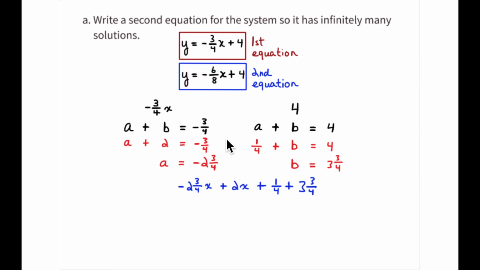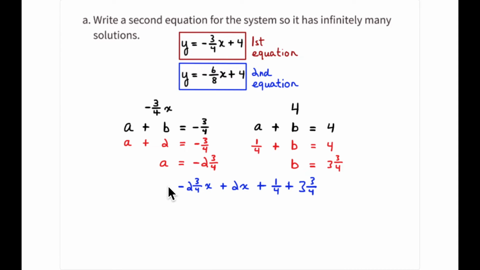This gets a little bit convoluted, a little bit hard to follow, but it's worth practicing. It's worth going through the arithmetic, the algebra, to convince yourself that you know what's going on. So this is plus 1/4 plus 3 3/4, because 1/4 plus 3 3/4 is equal to 4.